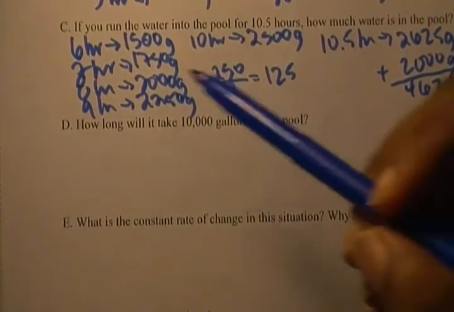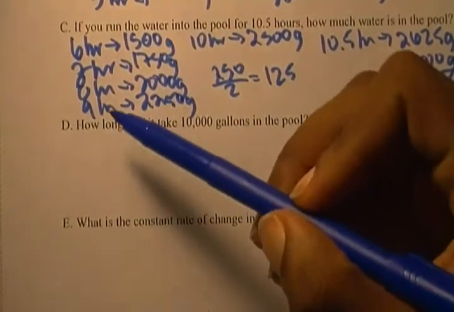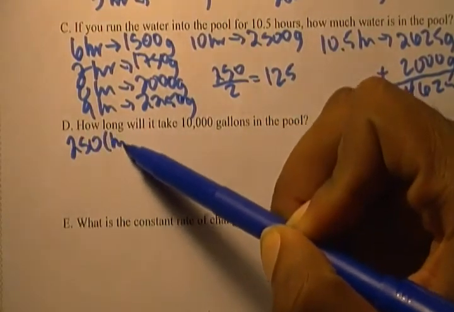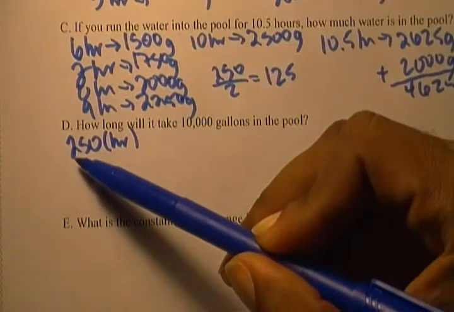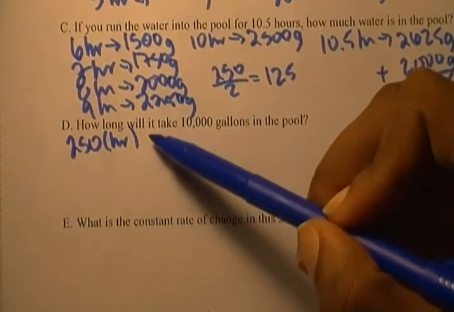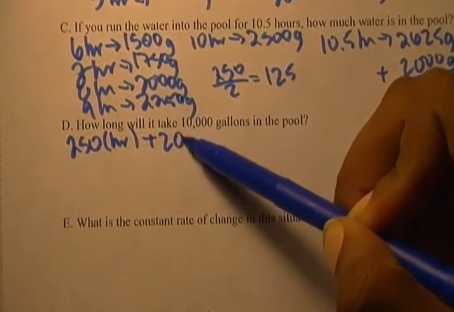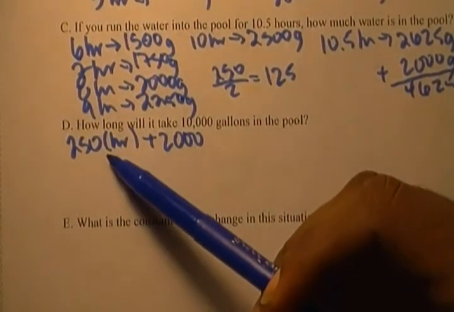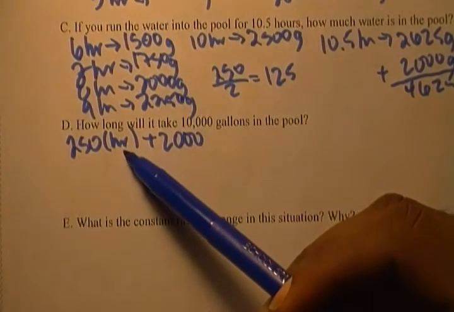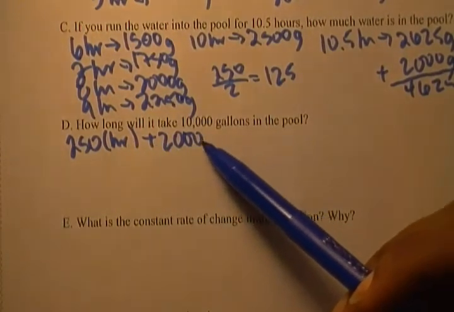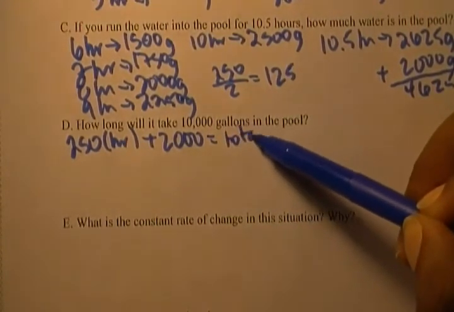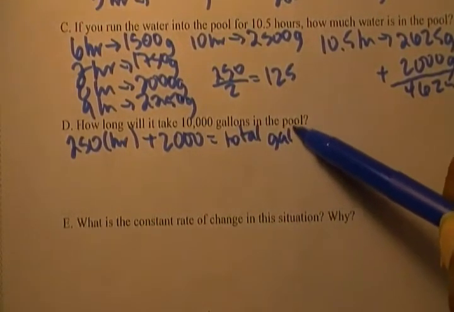So, let's see. I notice that for every hour I'm adding 250 in. And I have to remember the 2,000 that's already in the pool. This is our equation. The slope times the amount of hours plus the initial amount in there is going to give us total gallons.